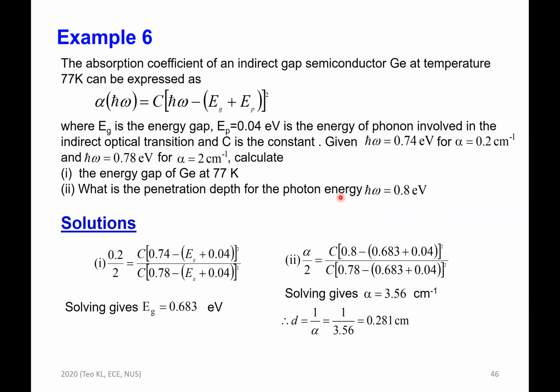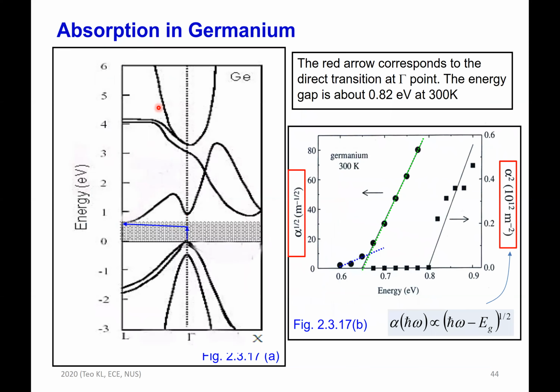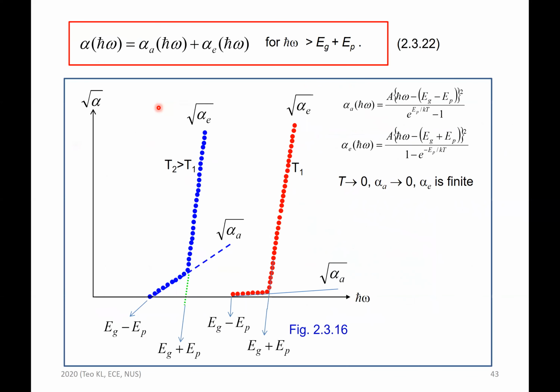Example 6: the absorption coefficient of an indirect band gap semiconductor at liquid nitrogen temperature, 77 K, is given to you. If you look at the equation itself, the absorption is equal to this, where A is the constant.